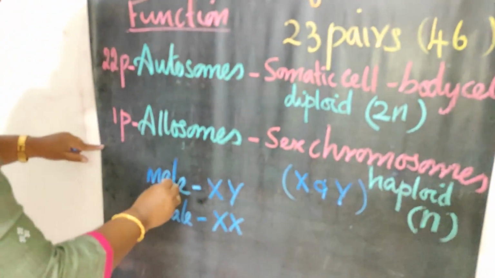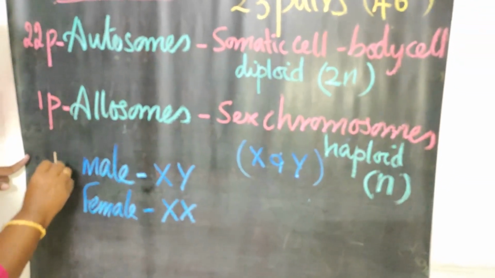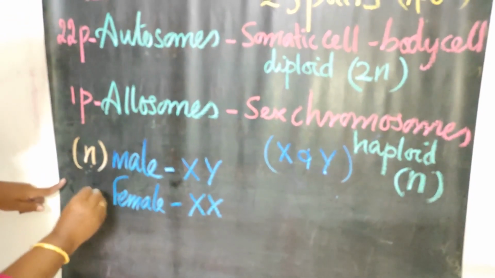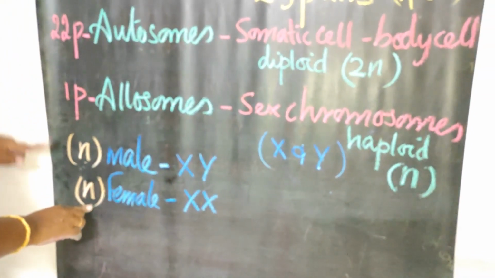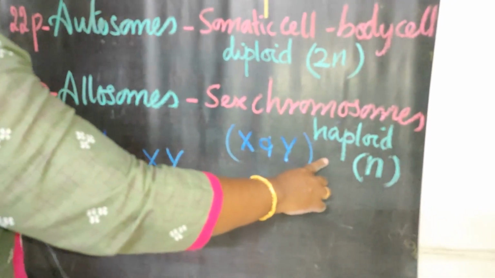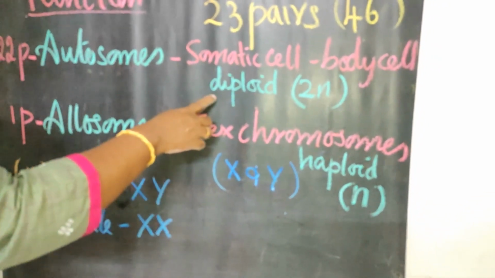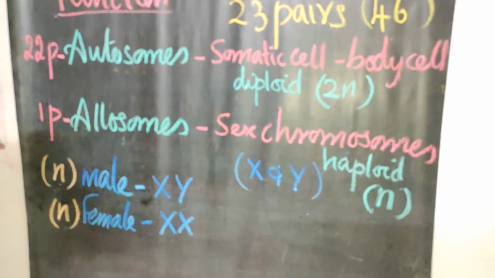So see here, the male possesses one haploid chromosome. The female possesses one haploid chromosome. So these allosomes, the sex chromosomes, are always haploid, and the somatic cells are always diploid in nature.